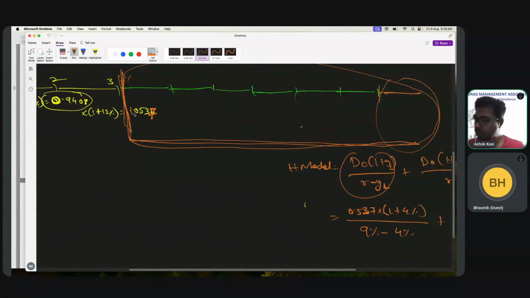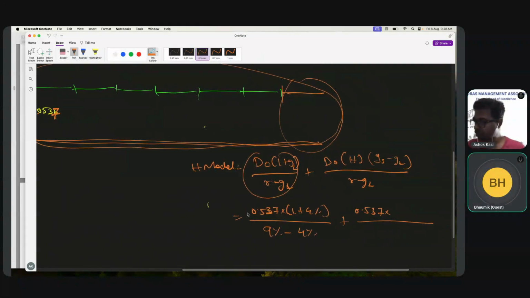Yeah, this is 1.0537. So this is also 1.0537.